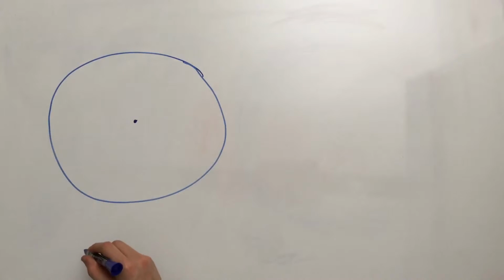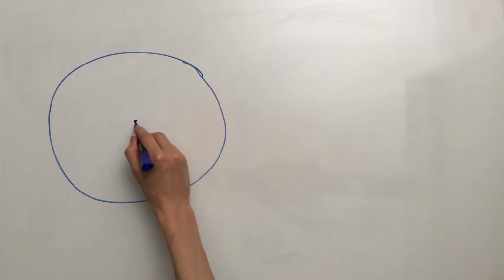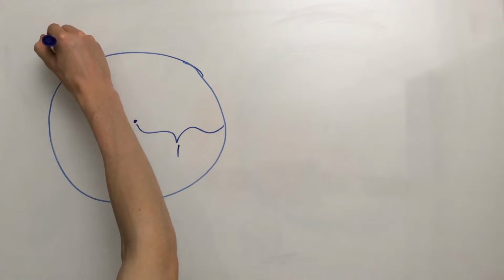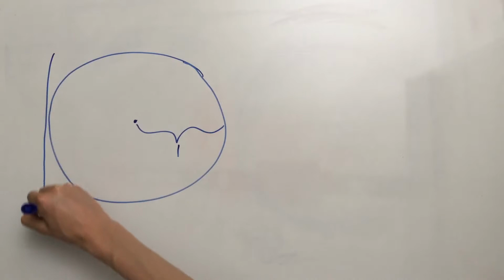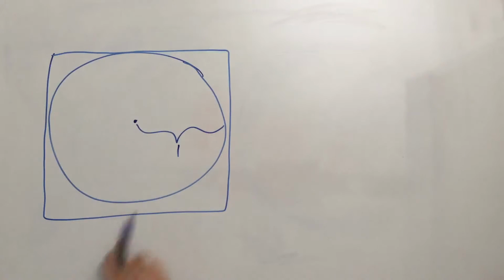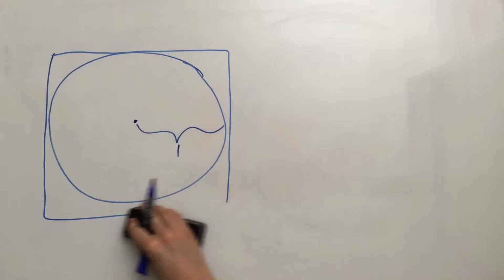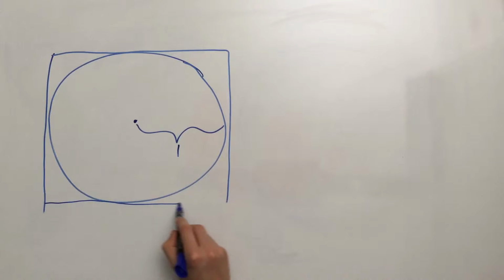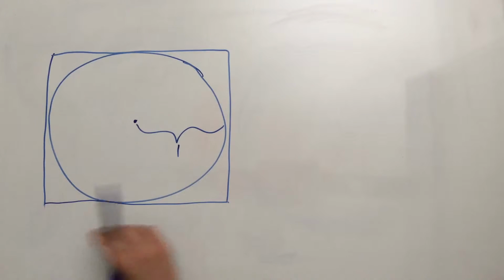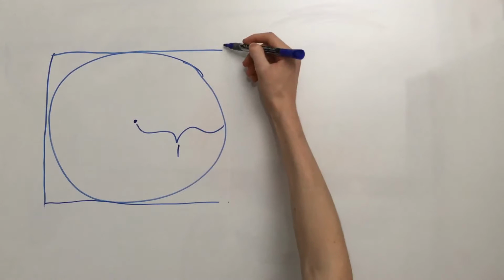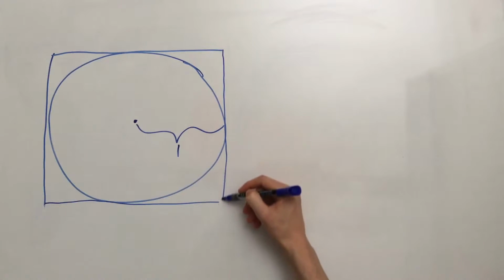But let's just say, because this is a distance of 1, we drew a square going around it. Let's say I didn't mess this up completely, and that line actually just grazes all the sides of this.